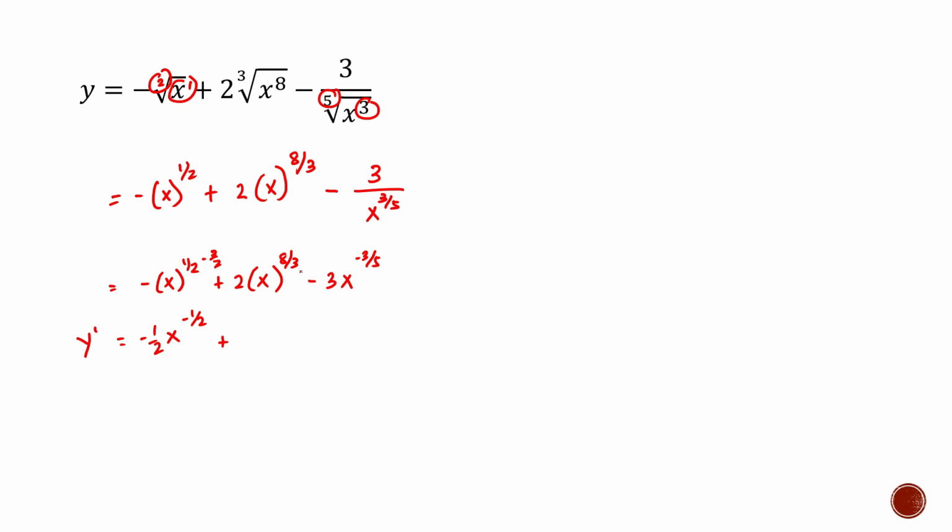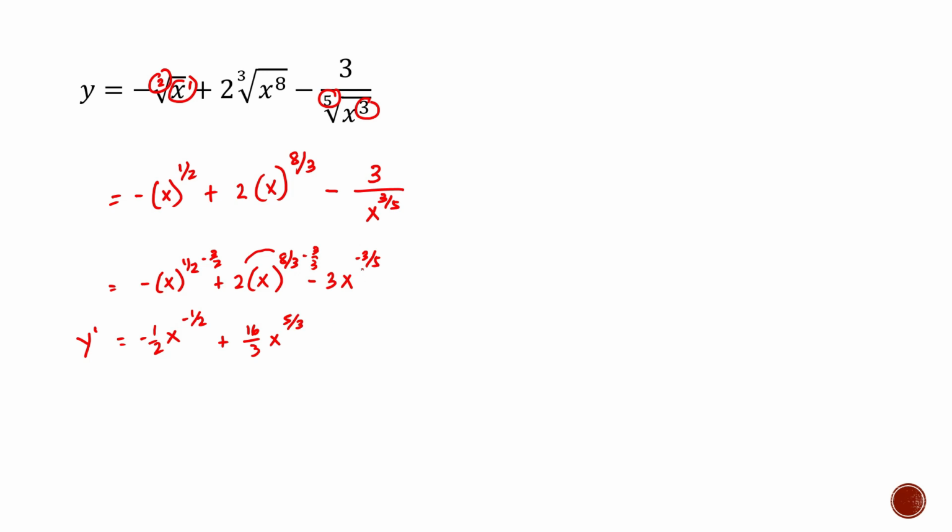Plus 8 over 3 times 2, so multiply that, 16 over 3. Then x raised to 8 over 3 minus 3 over 3. Whatever the denominator is, that's going to give you an idea of what to subtract. So 8 minus 3 is 5 over 3.